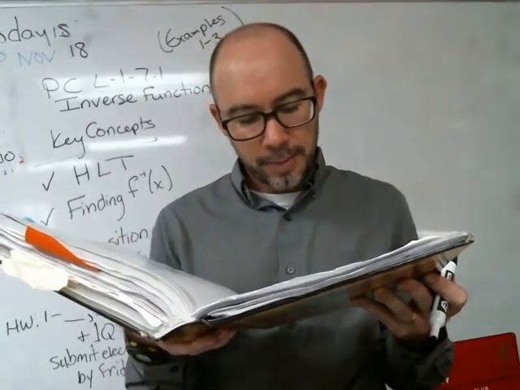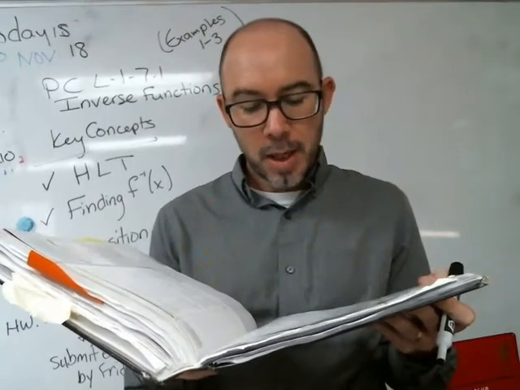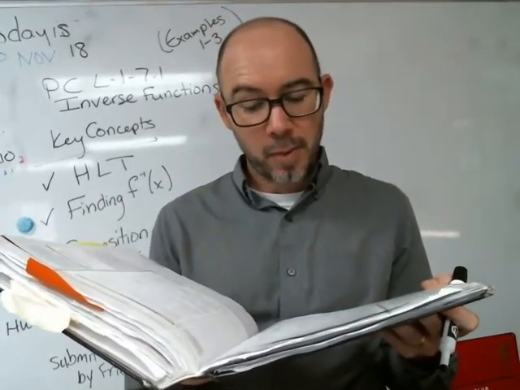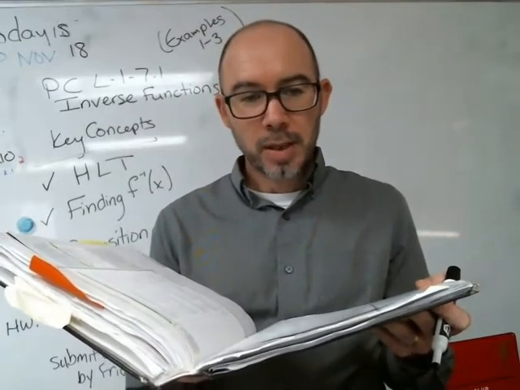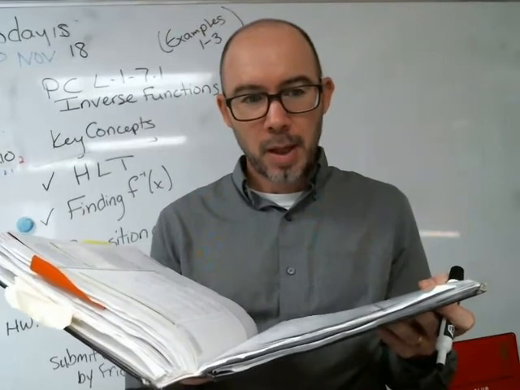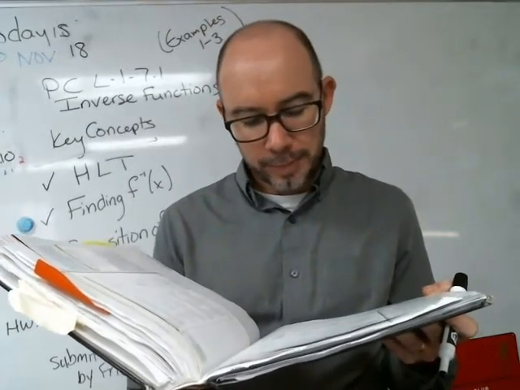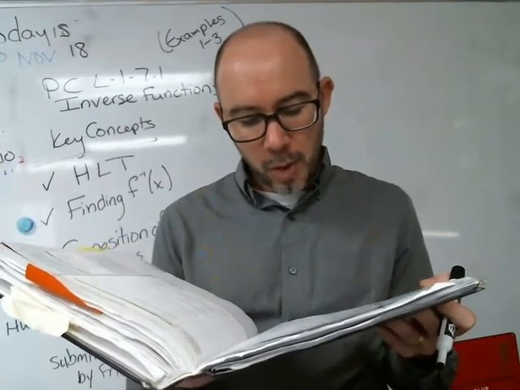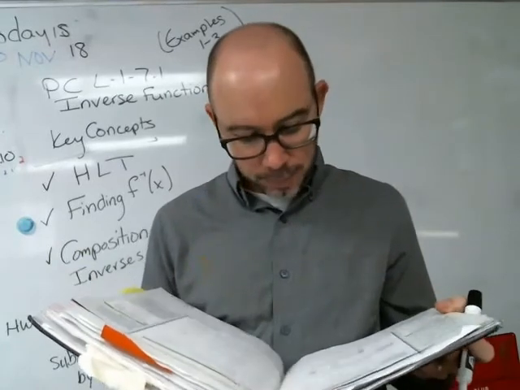Step 3, solve for y, and then replace y with f to the -1 of x in the new equation. So switch x and y, do some math, and then put f to the -1 back in there where y goes. And then step 4, look at it and see if there are any restrictions on its domain.